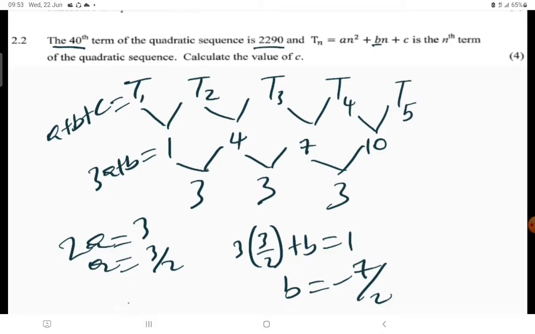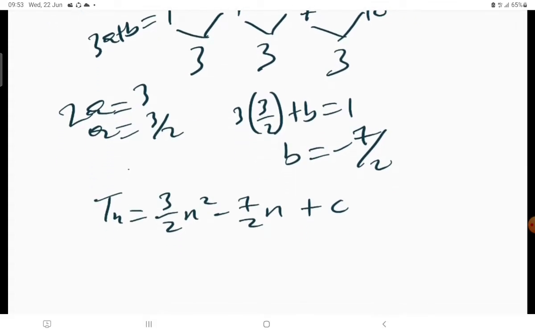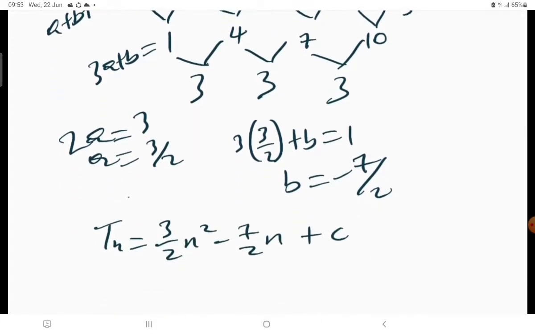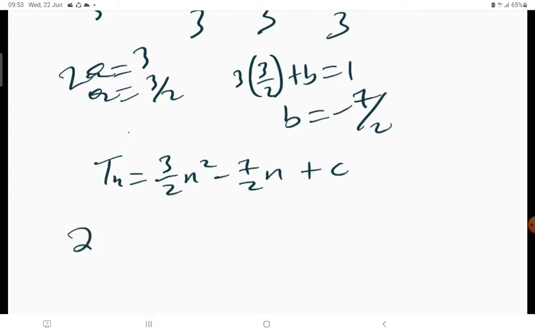Let's use it in this formula. In the place of Tn, we put 2290, and in the place of n, we put 40.